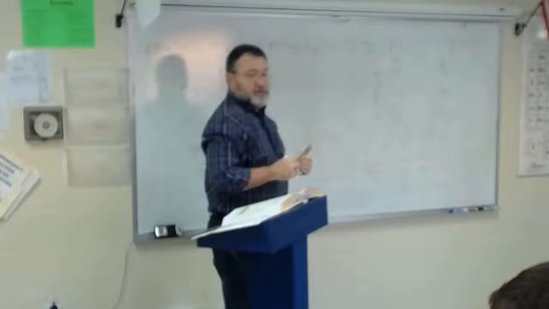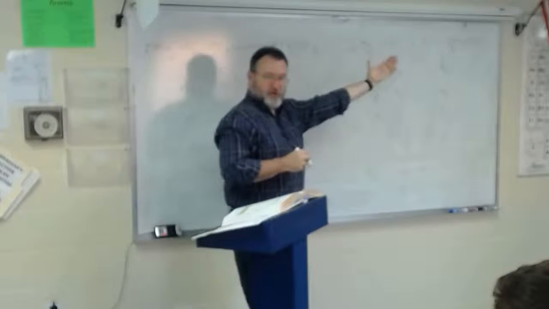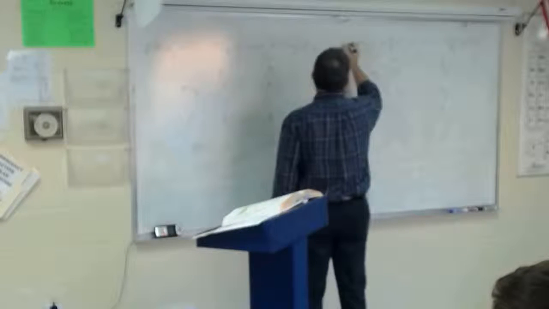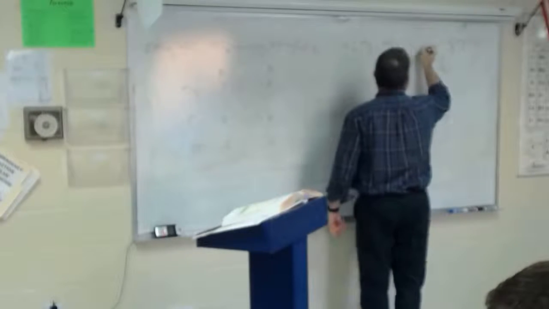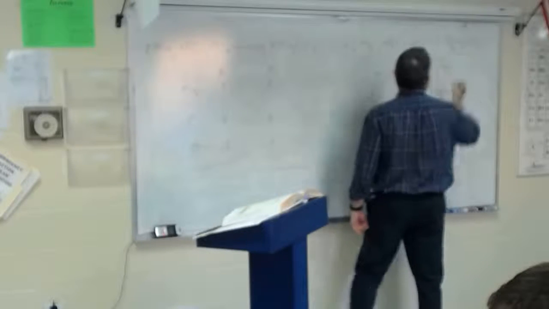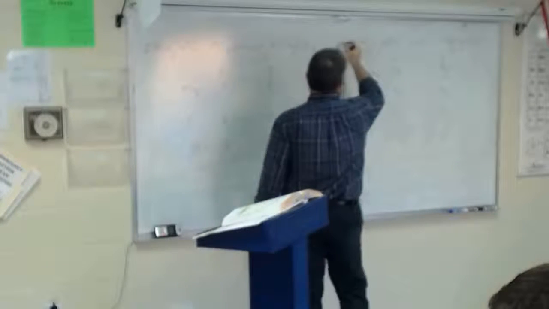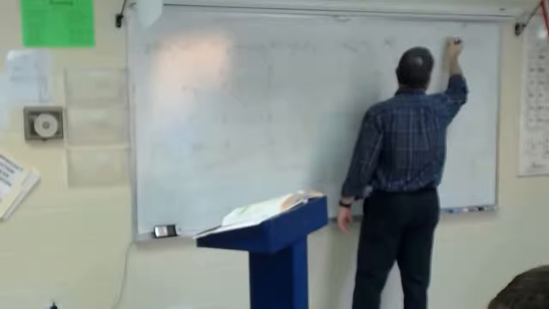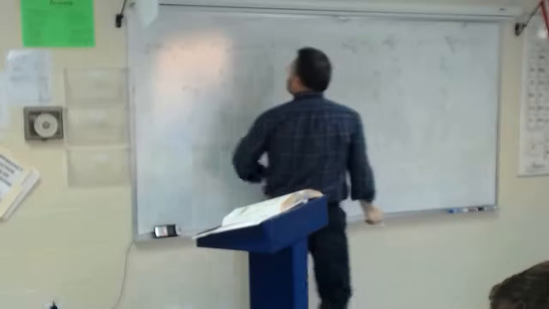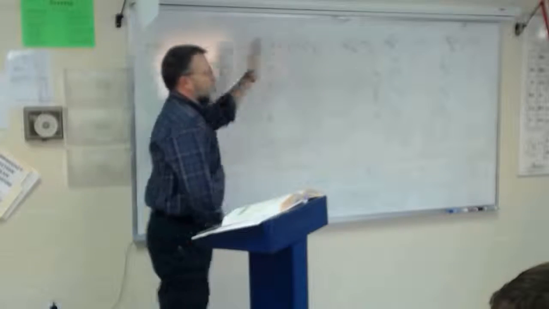So I'm going to multiply everything by 3. If I multiply everything by 3, the 3's cancel, leaves me with 2, 2, 3, and 2.